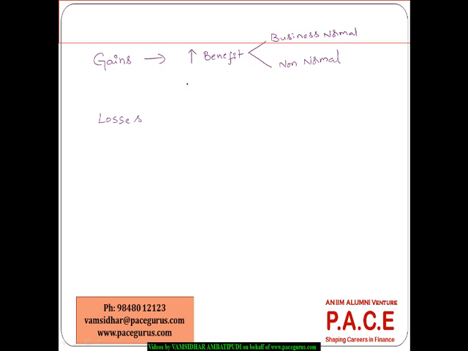Especially like, okay, I have sold off a machine. Now there is a book value associated with the machine that is shown in the financial statement. I would have sold the machine in reality at the selling price. Now what we see is, we'll try to find out the selling price minus the book value.